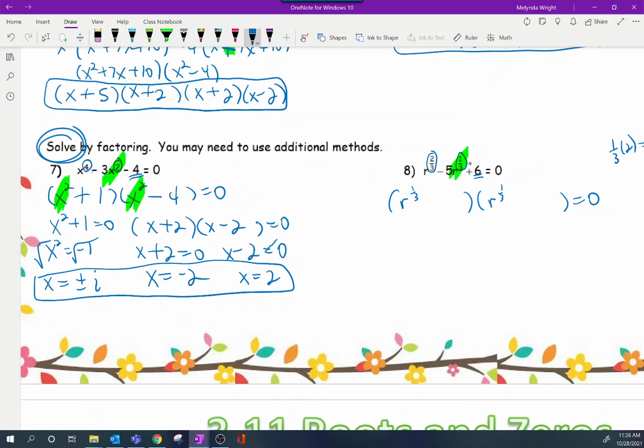They have to match this sign, so minus, minus. We want to get a -5, so let's try 2 and 3. So -2r to the 1/3 minus 3r to the 1/3 gives me -5r to the 1/3. Okay, got it. So now let's set each bubble equal to 0.